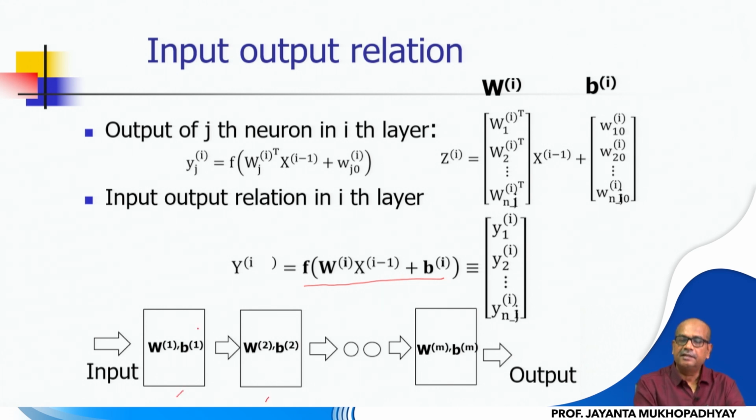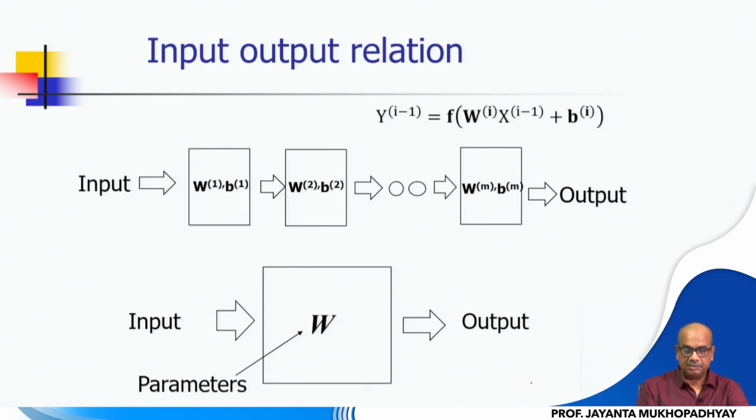Each layer is characterized by its parameter set: the respective weight vectors which are connected to neurons from the previous layer, and also the biases of every neuron. These are the two components of parameters for each layer, and successive layers process in a cascaded manner, and then finally you get the output.